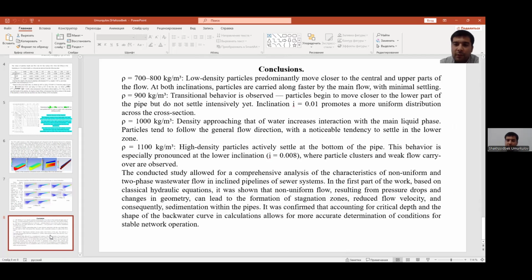It was confirmed that accounting for critical depth and the shape of the backwater curve in calculations allows for more accurate determination of conditions for stable network operation.